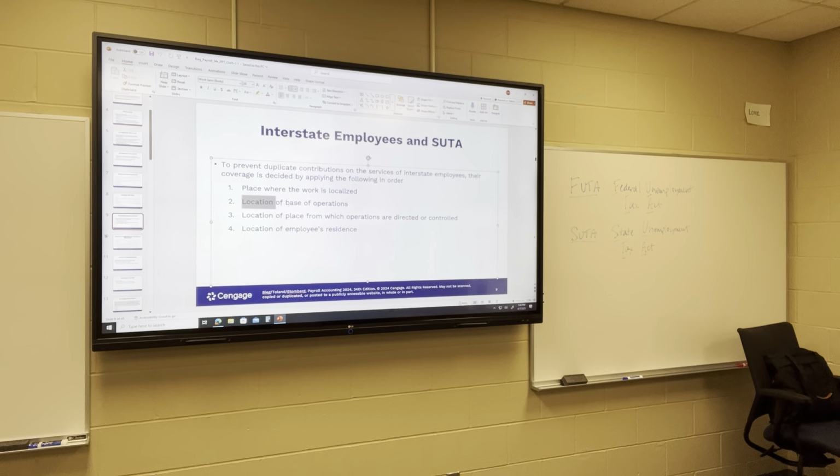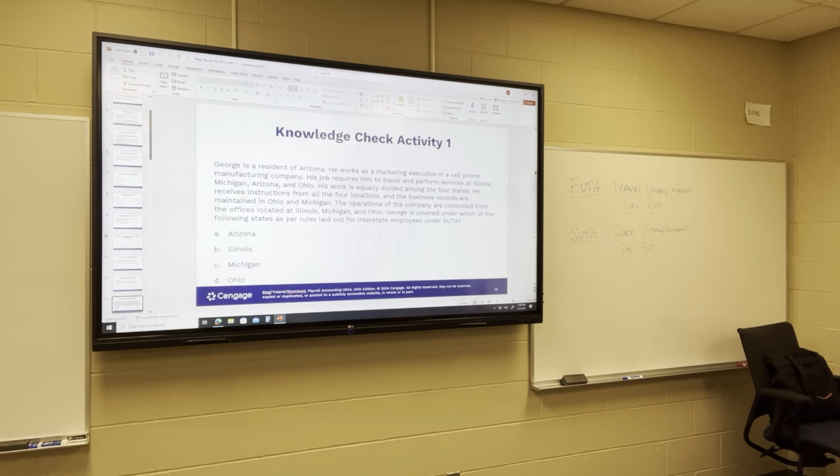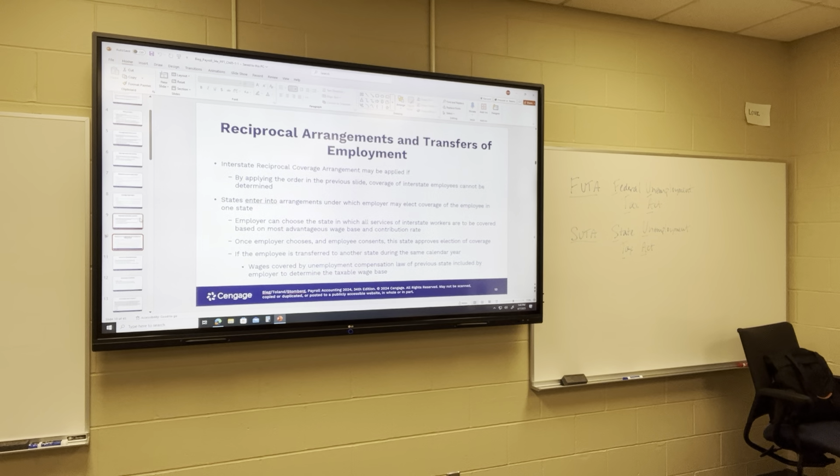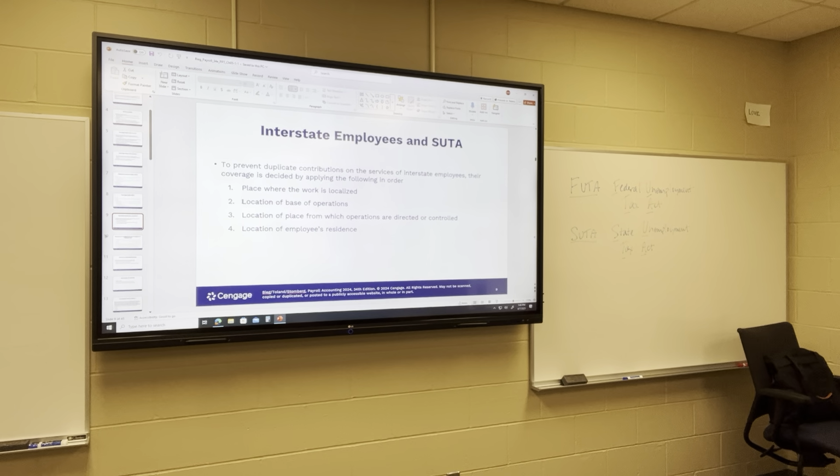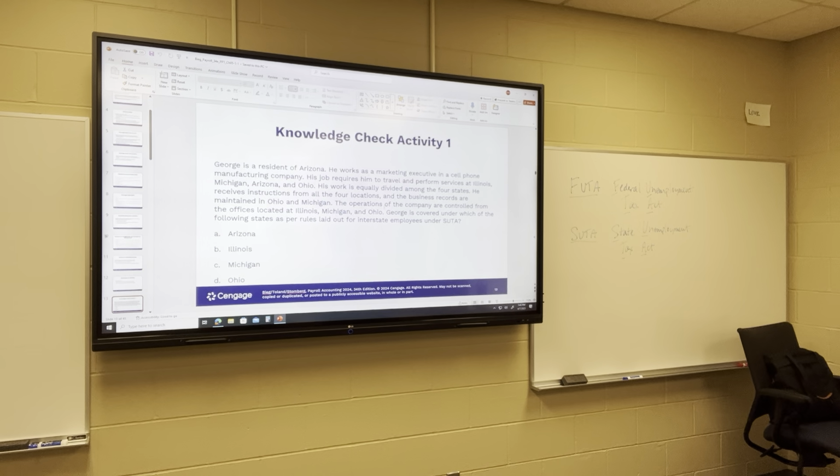So that would be kind of the base of operations. So it's going to be either Ohio or Michigan because we've narrowed it down to those 2. The second factor, base of operations: where are all those records located? Operations of the company are controlled from the offices located at Illinois, Michigan, and Ohio. So we've still got Michigan and Ohio.